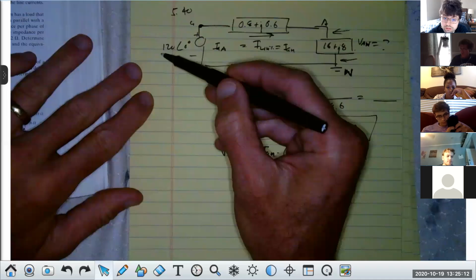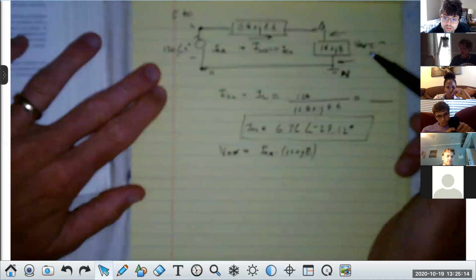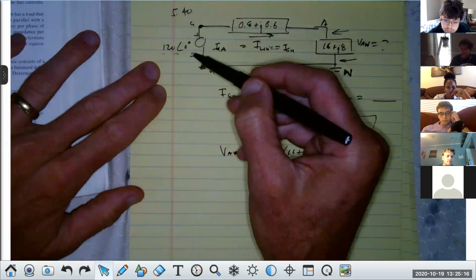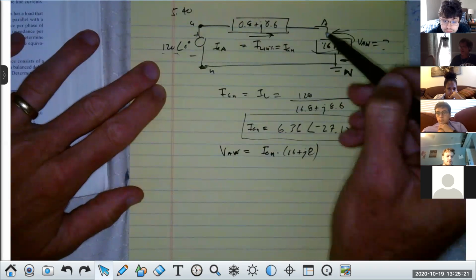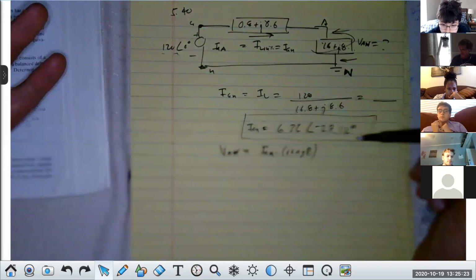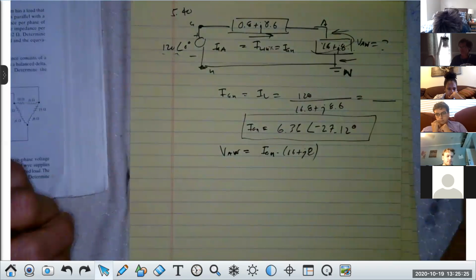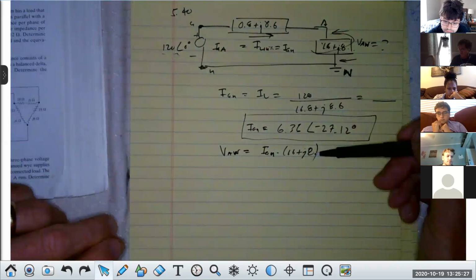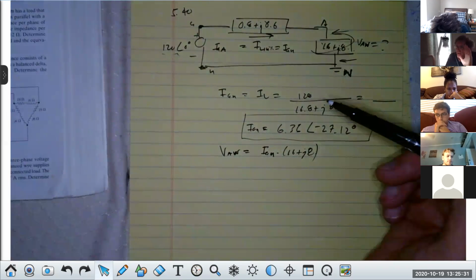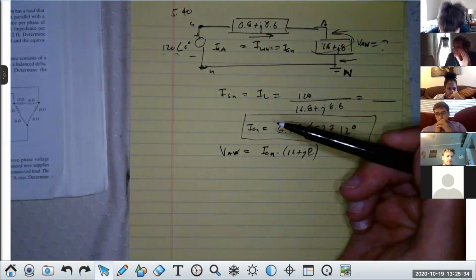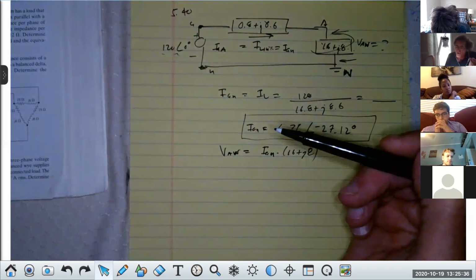Take 120, then divide it by these two combined, and then multiply it by this. That would be voltage division, but it's effectively the same thing as this, isn't it, class? So voltage division and what we just did here are in fact the same thing. How many see that? All right, because voltage division implies you're calculating the current.